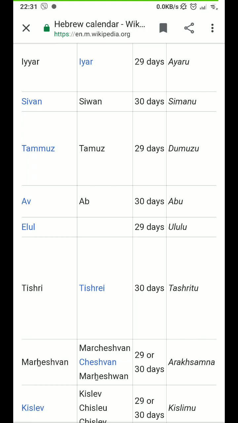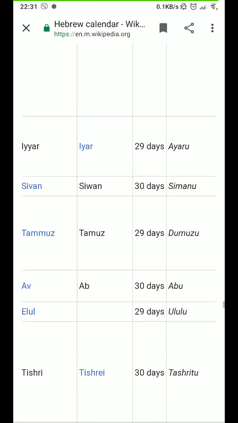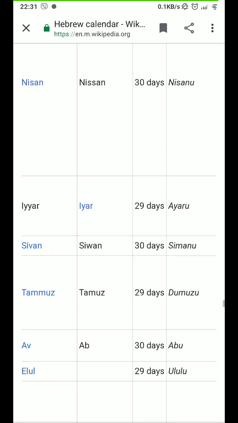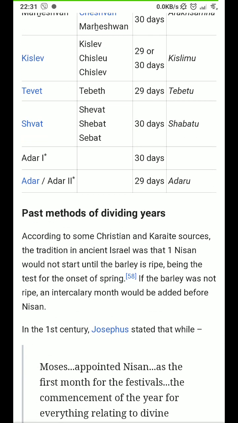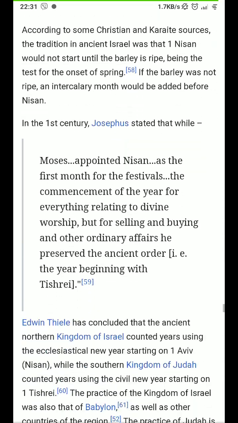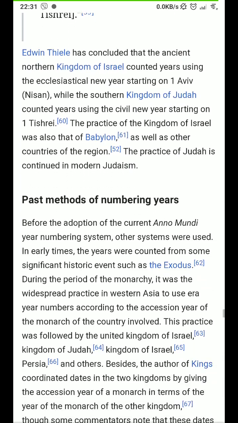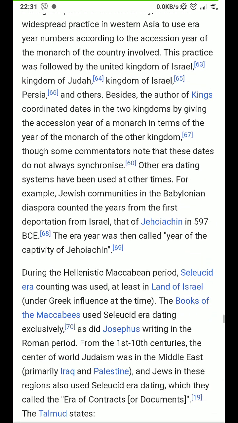the same phonetically speaking. So they are almost similar to those in Babylon, and that's what we read, that they were influenced by Babylonian methods and calendar calculations.